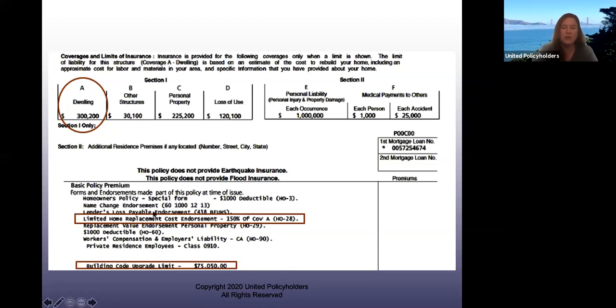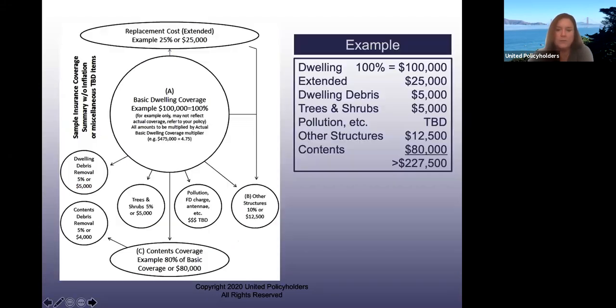You have to read it to see how it is. Some of them it's 150, some of them, the way they're written, it's actually 50% more. And then right here is your building code upgrade limit. This one is expressed as a dollar amount. Many of them are expressed as percentages. So you just have to look at your policy and see what it is on your policy.